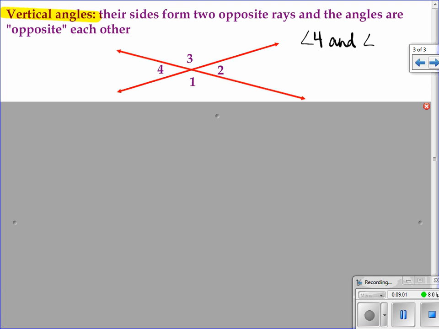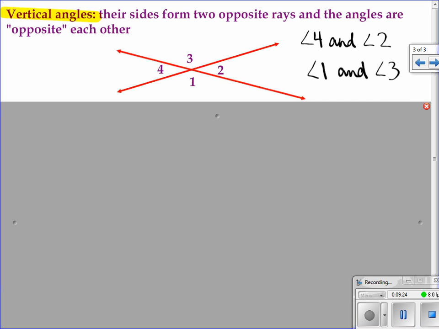They are opposite each other. You could also think of it as two V's on their sides, which would go with the vertical angles. That's how most kids remember it. What's the other pair of vertical angles then? Questions? Okay, we answered that question right up there.